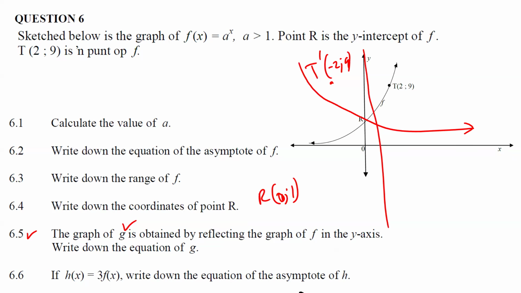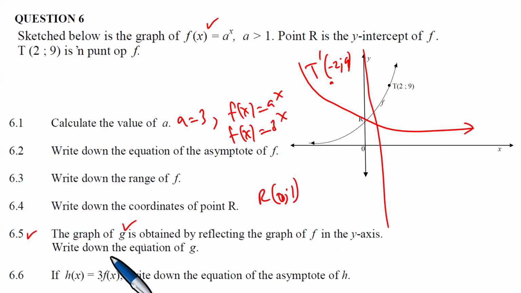The equation of g, which is obtained by reflection, is going to have x that is negative. We can see that a is 3 here, and f of x was a to the power x, so f of x became 3 to the power x.